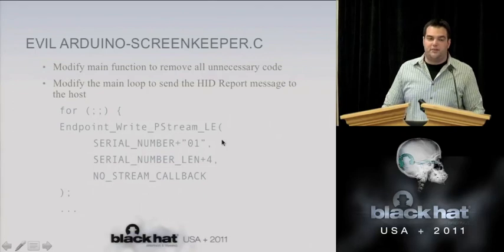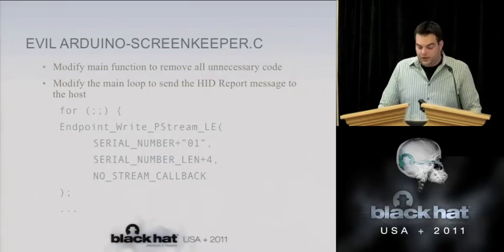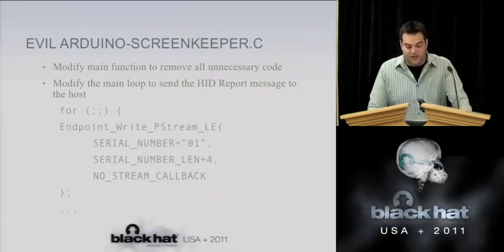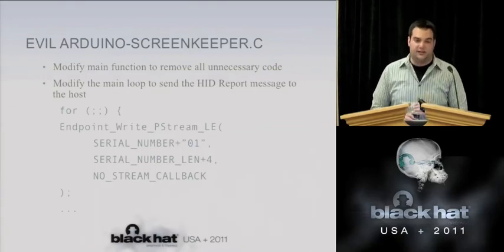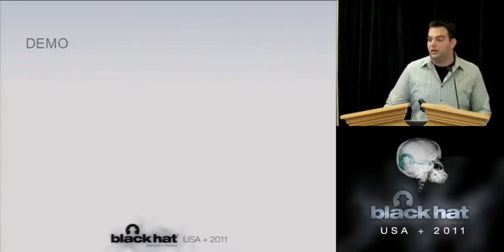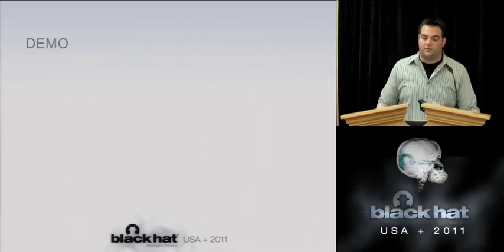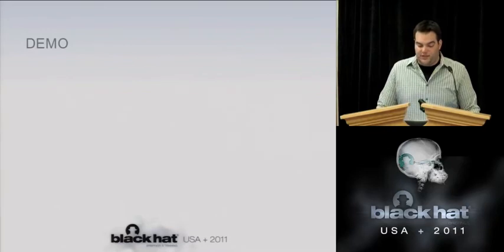We give it the serial number plus our 01 as the value, and then we give our serial number length. We don't have any callback because we never really care what happened at the end of these writes. So really, that's all we need to do to modify our Arduino: make sure it enumerates the same as a Screenkeeper device, and then send the packets and the information that we need.